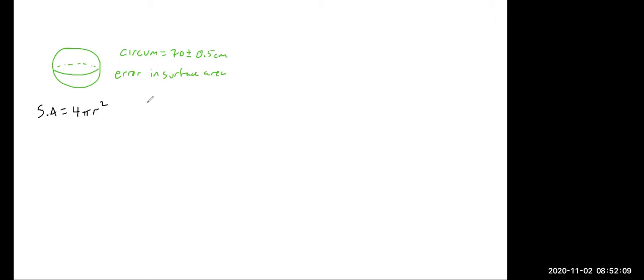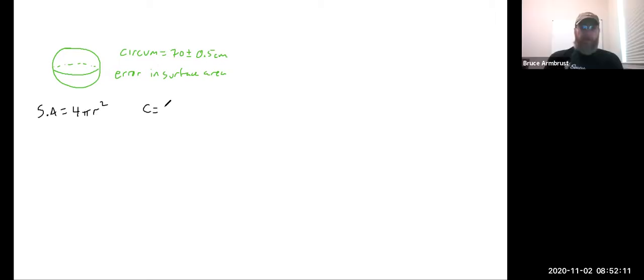So we're going to do this by using the formula for circumference. Hopefully you remember the circumference of a circle is C equals 2 pi r. So r is actually equal to C over 2 pi. We can put this into our surface area formula so that we get it all in terms of just circumference.